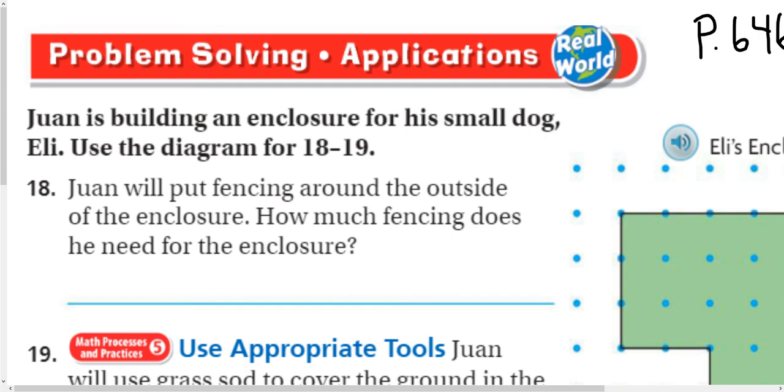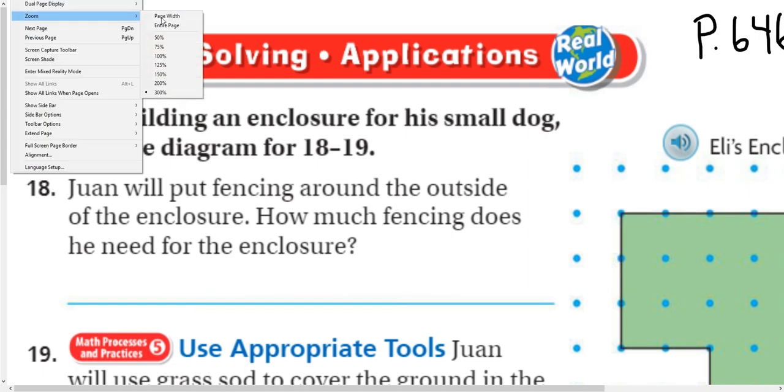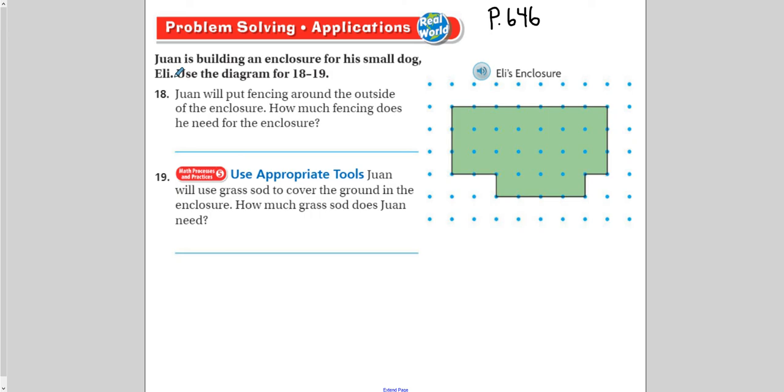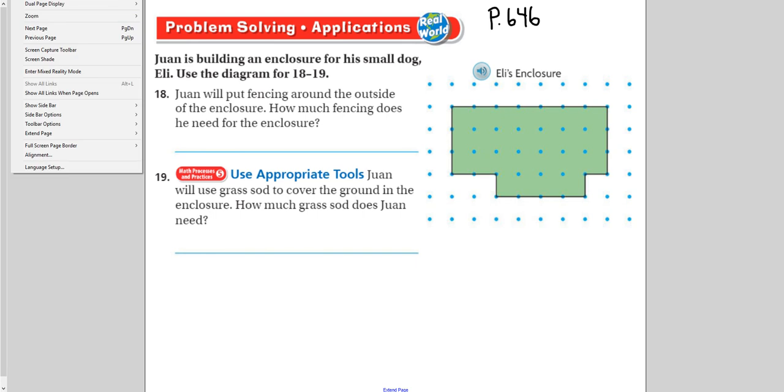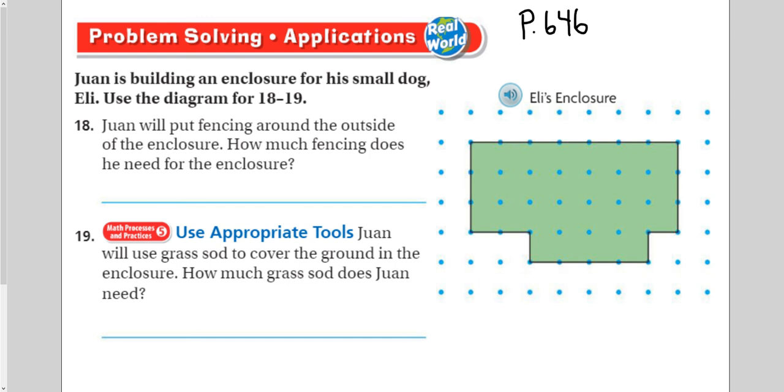All right, so area inside, perimeter outside. Well, let's see if that doesn't help us a little bit with this question right here. And we have Juan is building an enclosure for his small dog, Eli. And then we're supposed to use this diagram over here for 18 and 19. So let's just zoom in just a tad bit more here.